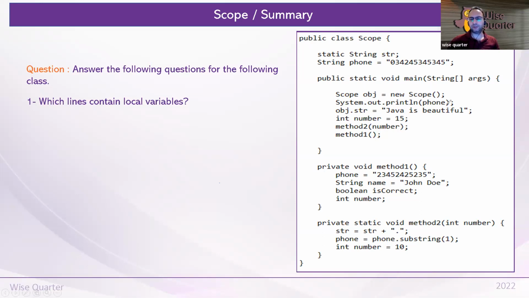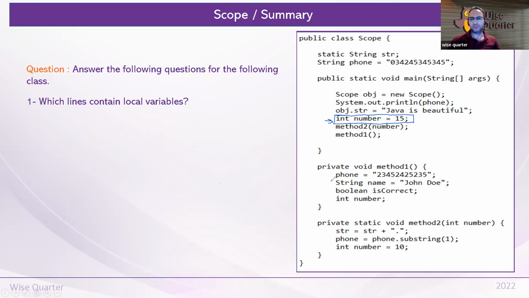We are printing the value. Here, we are reassigning str to something. Here, the data type. We are creating a local variable here. When we use a data type and a variable name in a method, it will be a local variable.